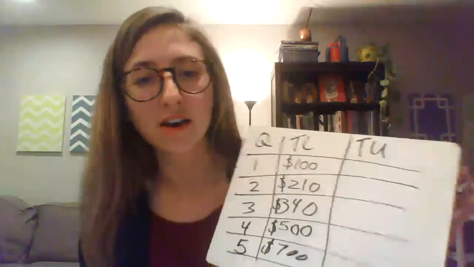Okay, and then let's have the total utility be 200, 360, 480, 580, and 700.